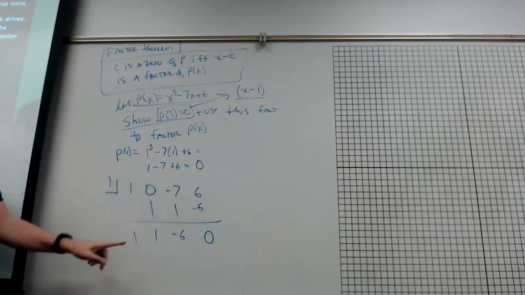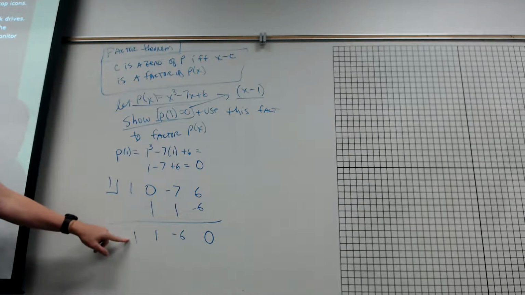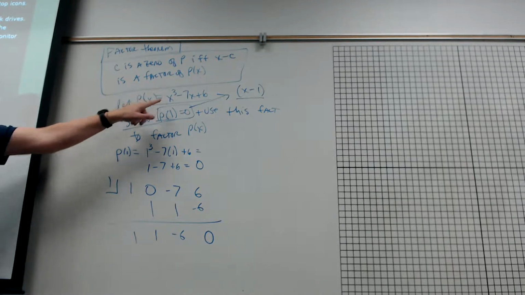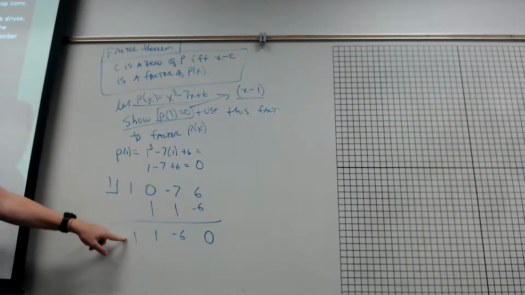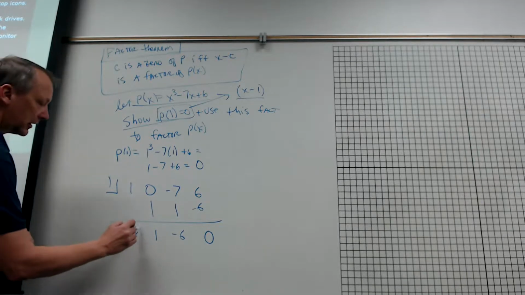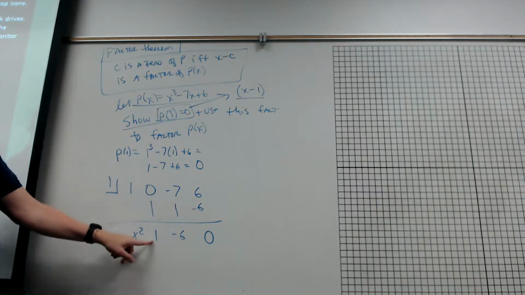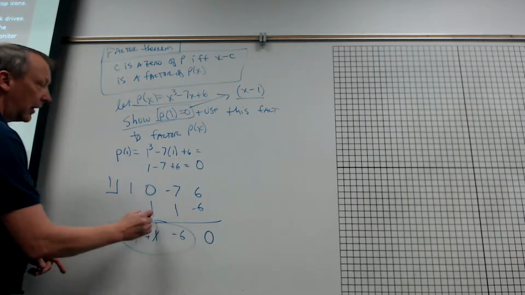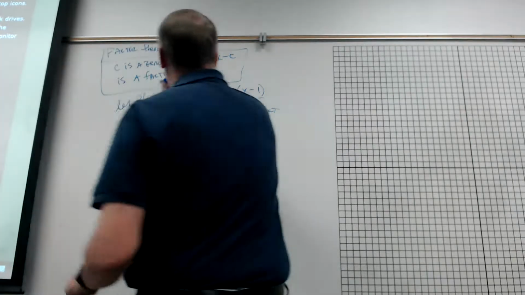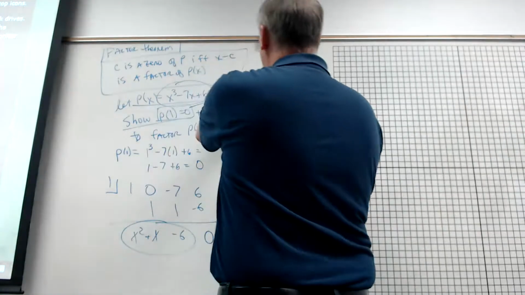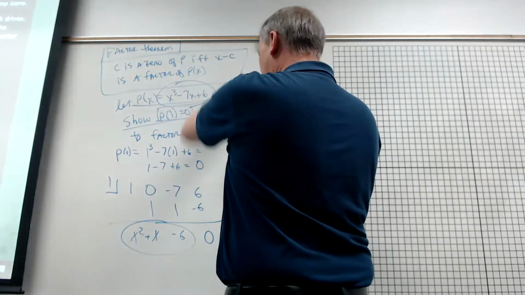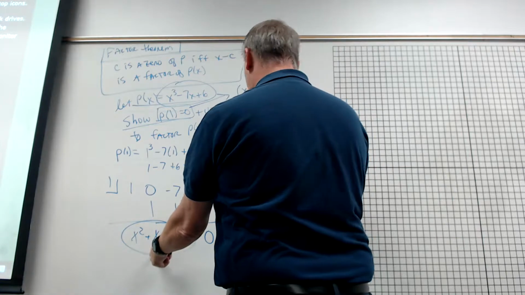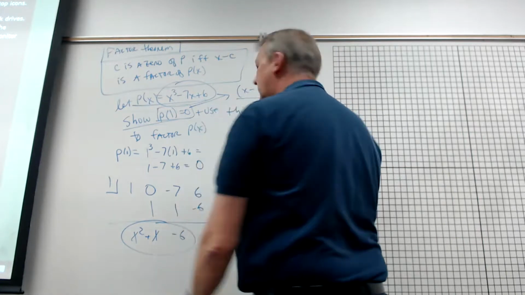So that's awesome. So what does this become? If we started with an x cubed, this becomes an x squared plus x minus 6. Okay, so now what I've done is I've taken this and I factored it into x minus 1 times x squared plus x minus 6.